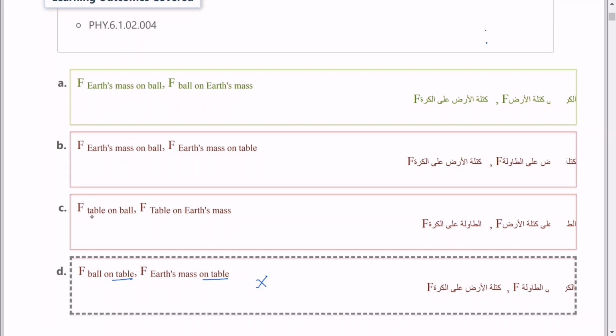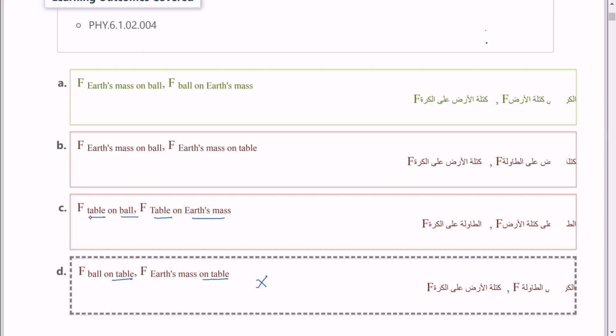So we will check this one. Here force applied by table on ball, and here also force applied by table on Earth's mass. So here you can see the agent is the same. Agent means the object applying the force.